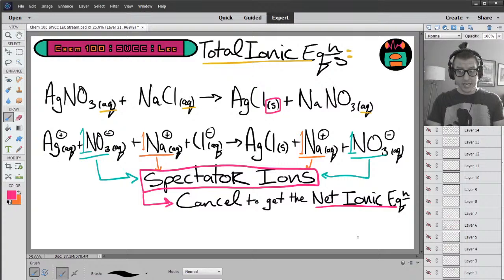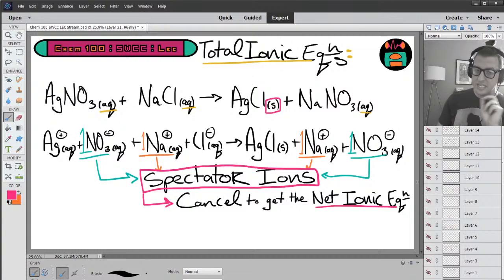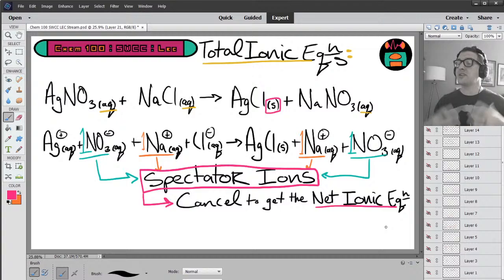So if they're not associated together, we're going to write them free floating, not associated. The net ionic equation says I don't care about spectator ions. I only want to see the species, ions and molecules, that are actually changing, that are actually reacting, that are actually participating in the reaction.